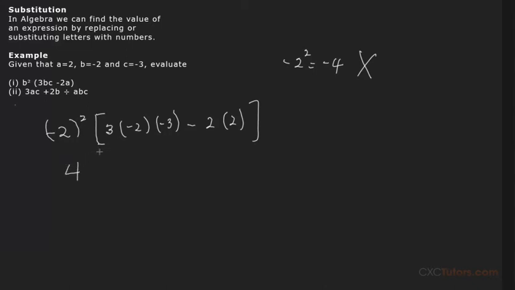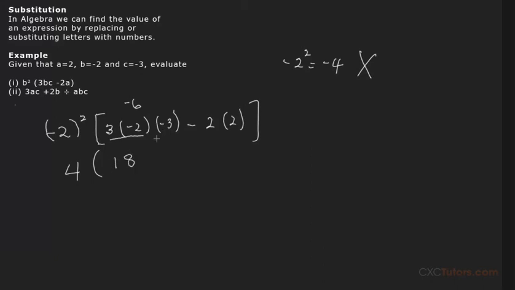And so we're going to be multiplying this now. We're going to go into the bigger bracket, the square bracket. So we have 3 times negative 2. We're multiplying two unlike signs right there. So that's negative 6. And so negative 6 multiplied by negative 3 will give us a positive 18.